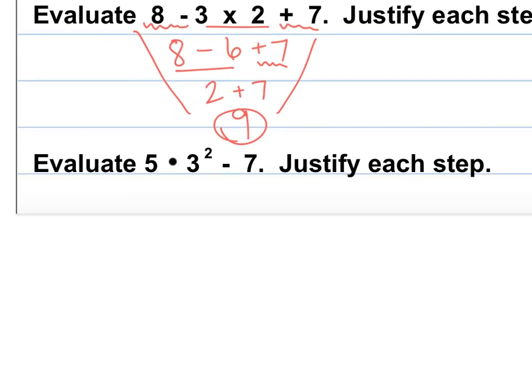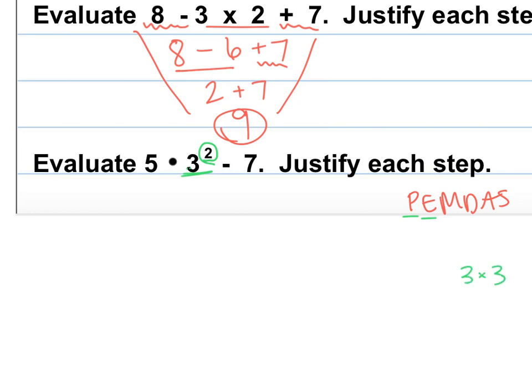Next one, I'm going to rewrite my PEMDAS here just as a reminder again for myself. Do I have any parentheses? Nope. Do I have any exponents? Yes. That's what this is. Okay, exponents are the number with a smaller number written up above. That 3 is your base. That's the number that you're multiplying. And your exponent tells you how many times you are multiplying it. So we are multiplying 3 two times.